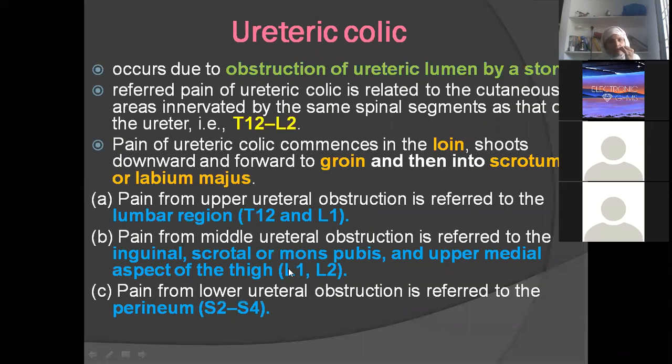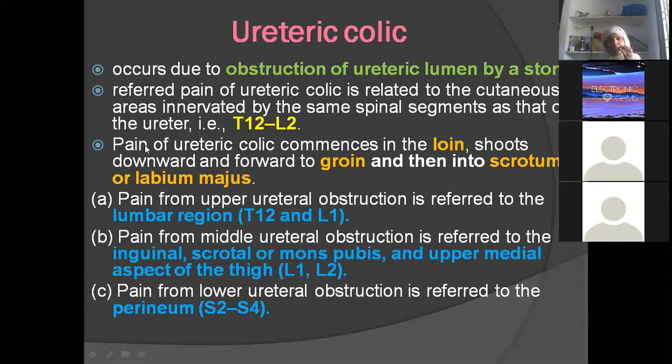So that means this is colic. Colic means pain. Whenever a person has stones in the ureter, usually there will be referred pain. It is seen through T12 to L2 segments, that means in the loin region, that is the back, and the groin region, that is above the inguinal ligament.